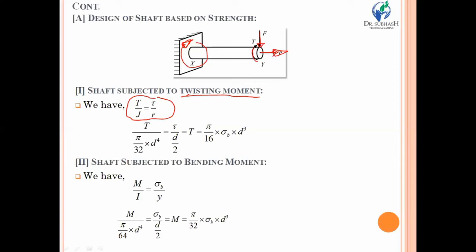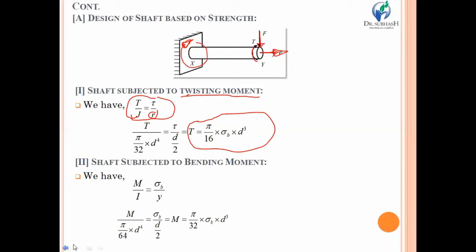So by putting the value of polar moment of inertia and R equal to d by 2, and solving that entire equation, ultimately you have the torque is equal to pi by 16 into tau into d cube. So this equation is particularly based on design of shaft based on twisting moment.